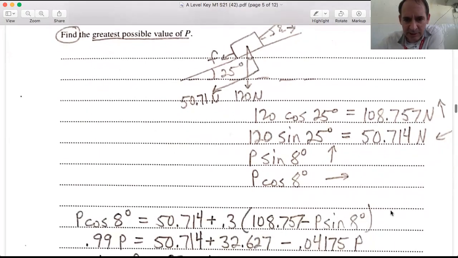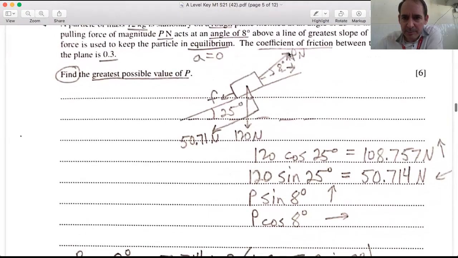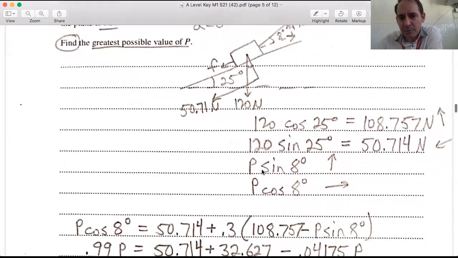So it's not the normal contact force yet. We also resolve our force P. So P sine 8 degrees is going up, P cosine 8 degrees is going up the slope to the right. And this P sine 8 degrees is going against your downward force.